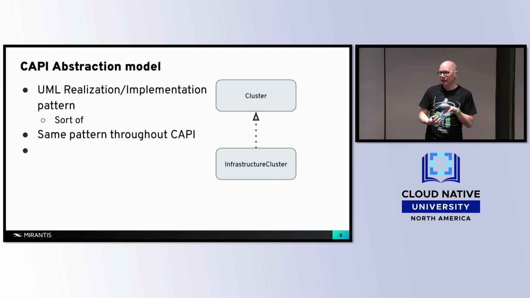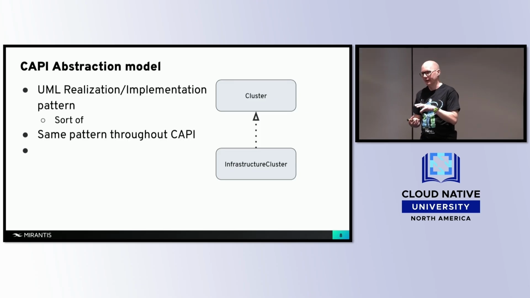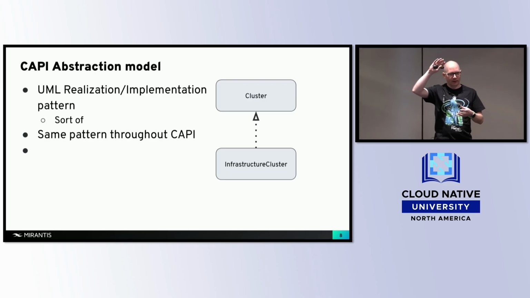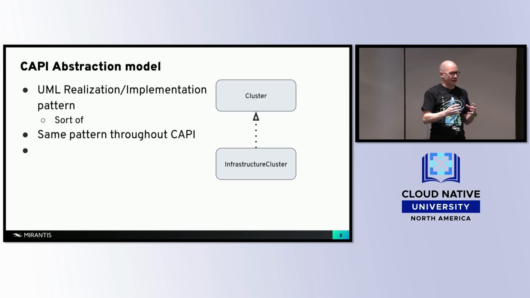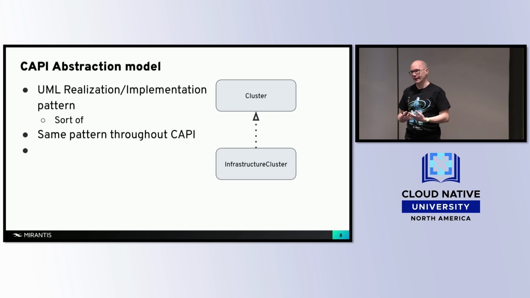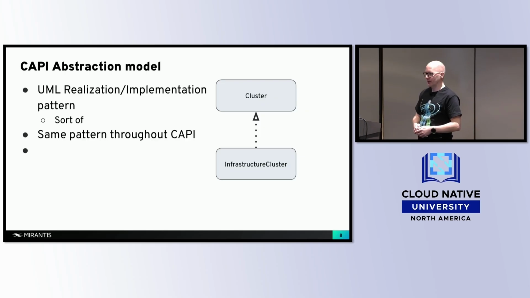Personally, it's not really a correct way to interpret this, but for me, it really clicked when I started to think about it in an object-oriented way. So a cluster is kind of like an interface or a very abstract base class. And then the infrastructure cluster is kind of like an implementation of that interface or the abstract class. And this sort of pattern really repeats in many, many different places in Cluster API.